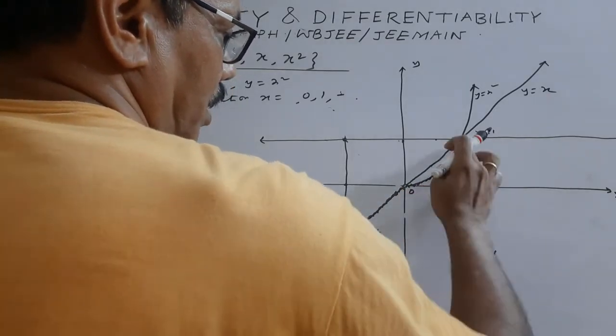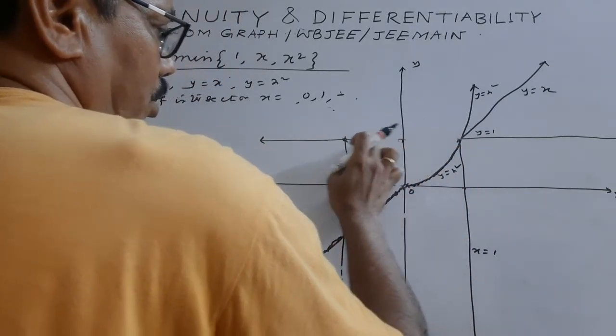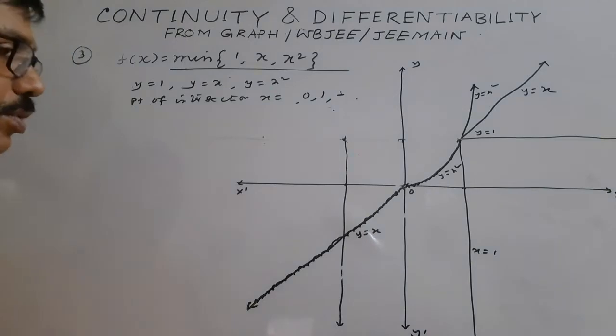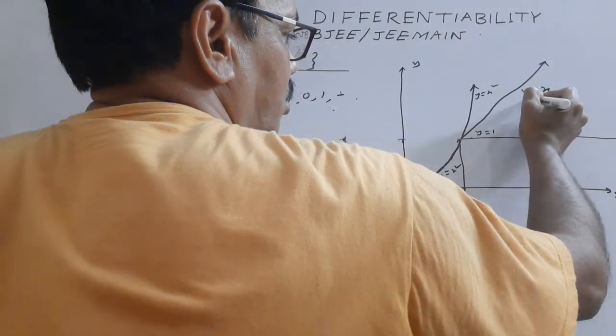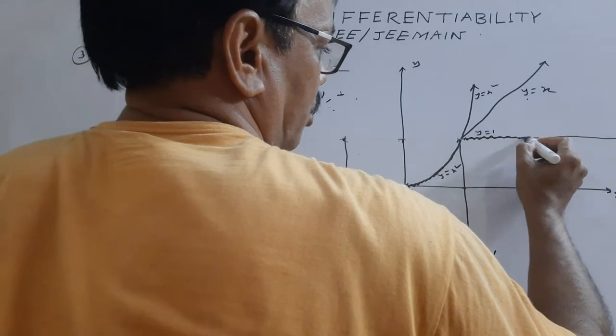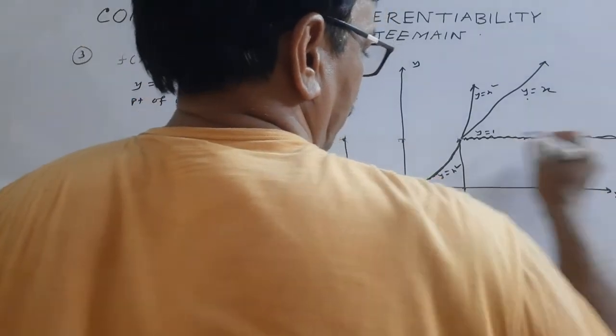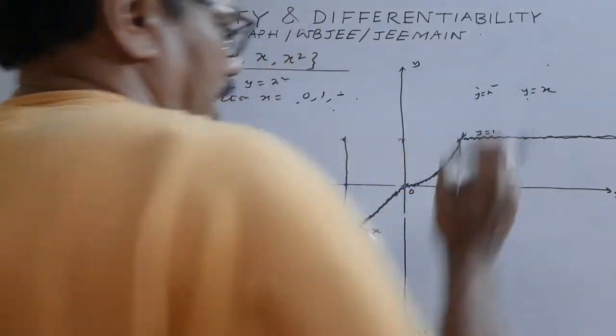So this one is cancelled out, this one is also cancelled out. Now for the last one, this is y equals 1, this is y equals x, this is y equals x square. So this one is minimum. So this part is cancelled out.